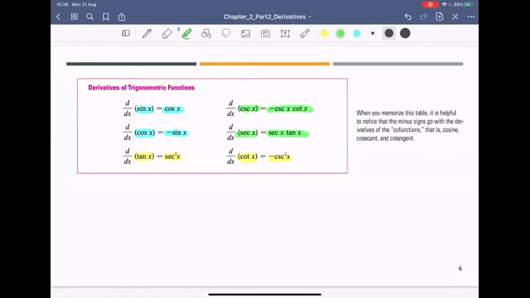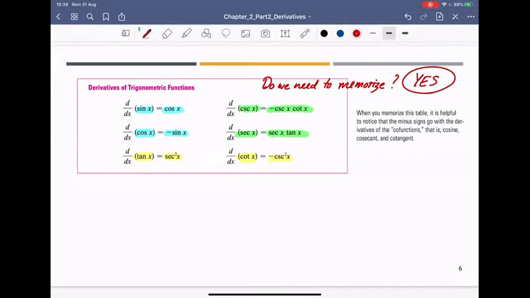Some of you are going to ask me, do we need to memorize this? Well, the answer is yes, because on the exam, this is not given. So you have to memorize it.